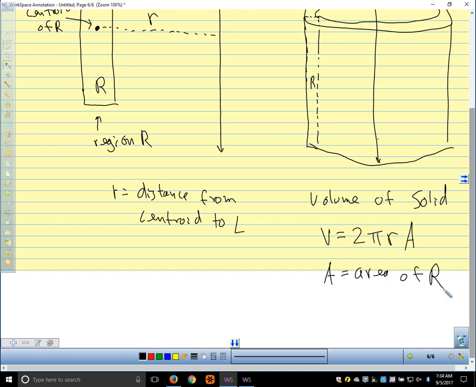So if we have a region where it's easy to find the centroid, a rectangle, a circle, I don't know, an ellipse, and we rotate that about some axis, the volume of the solid that we generate is 2 pi r A, where r is the distance from the centroid to our axis.